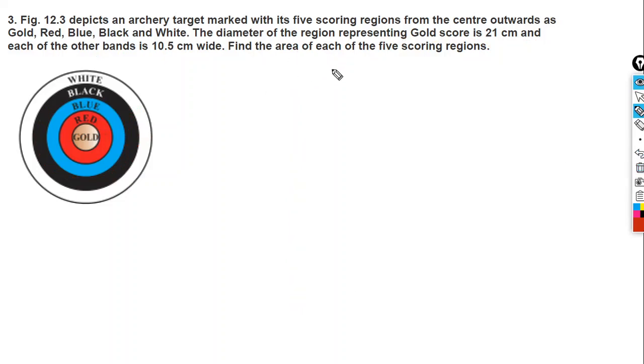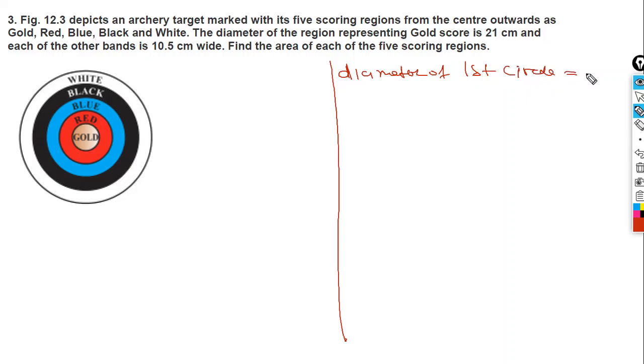Okay, so what we have is the diameter of the gold region, the diameter of the first circle, equal to 21 cm.